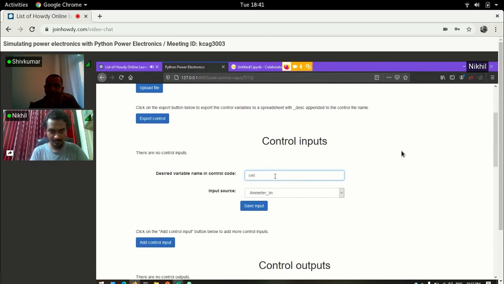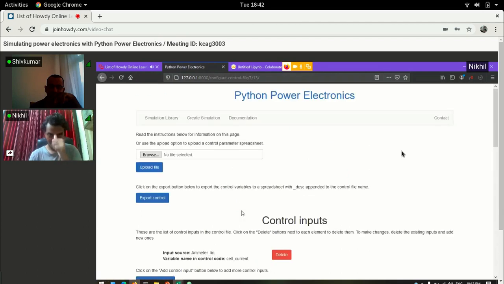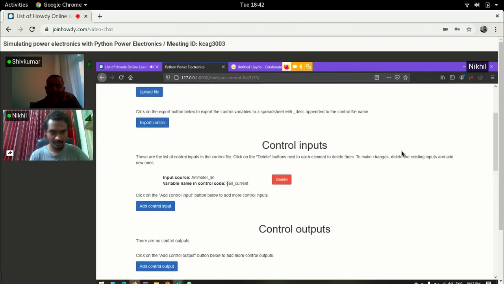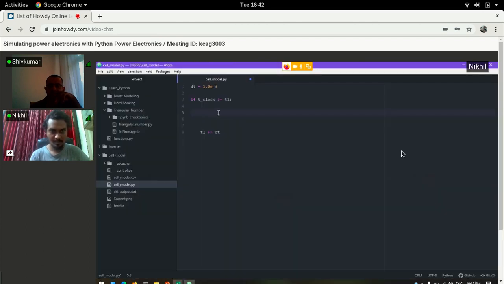Give it any name. I would say copy that variable and put it in your control file. So this is your current, which is the cell current, which is available to you, right? Now this is the input current.